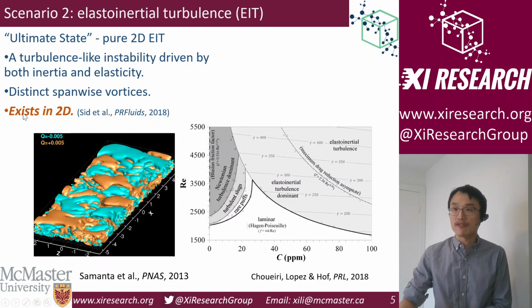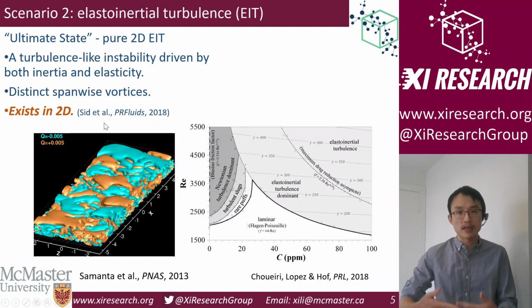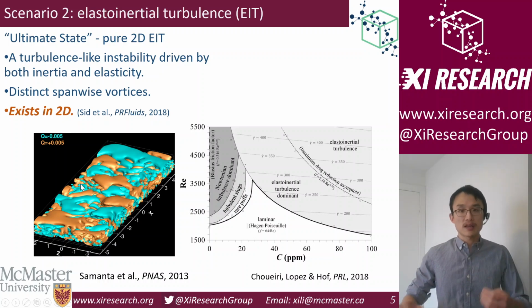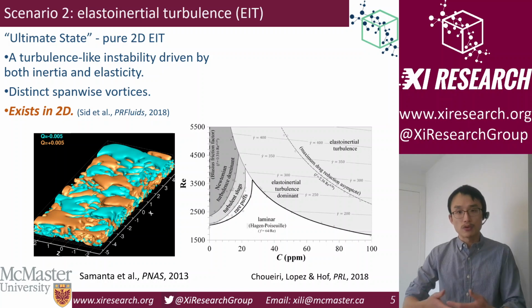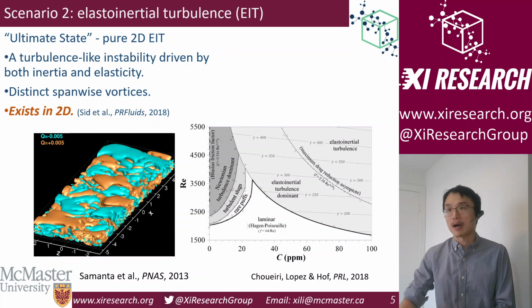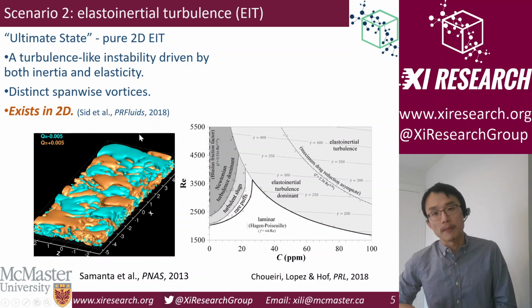More recently, it was found that EIT can be a self-sustaining instability even in a strictly 2D geometry, and therefore it has led to a further hypothesis that any kind of three-dimensional structure you see in a high Weissenberg number flow is just some sort of residual behavior coming from classical inertia-driven turbulence. At the limit of MDR, you would expect that these structures will go away as Weissenberg number increases. So EIT goes to the purely 2D form. Also, MDR is a purely 2D form of EIT.